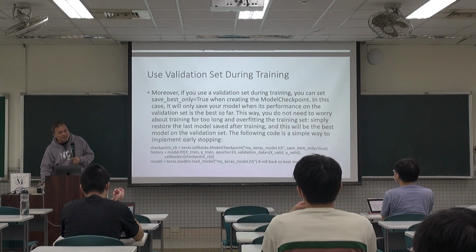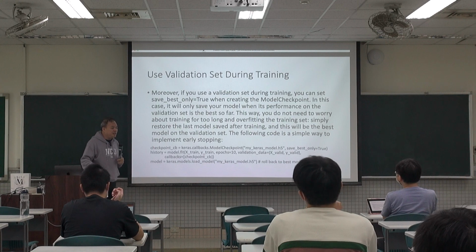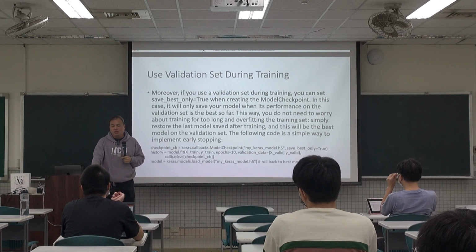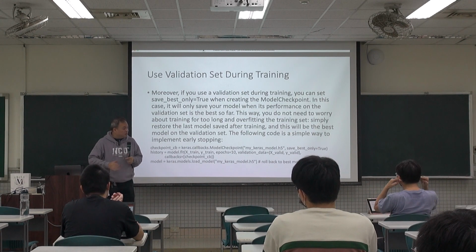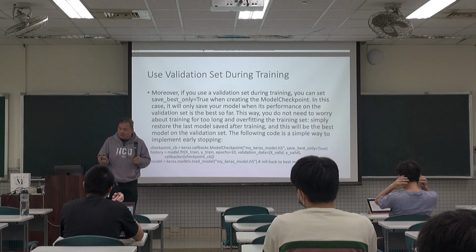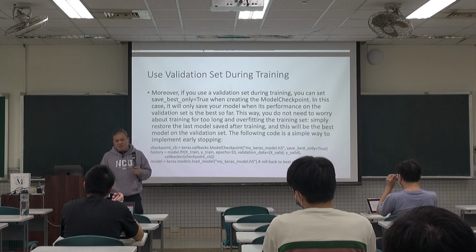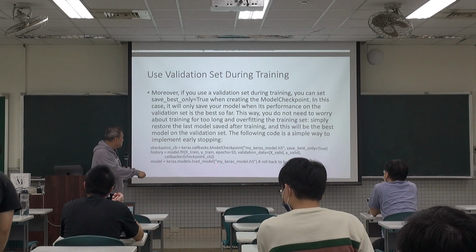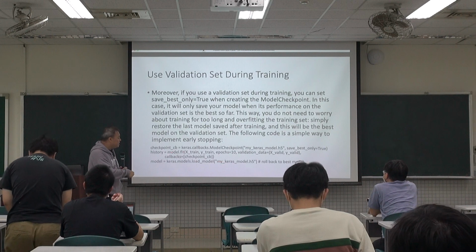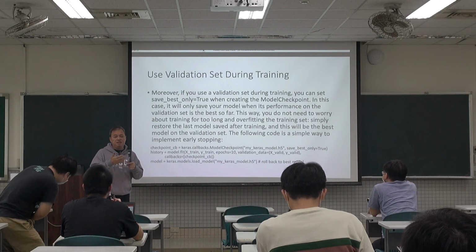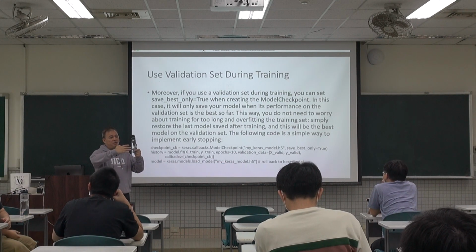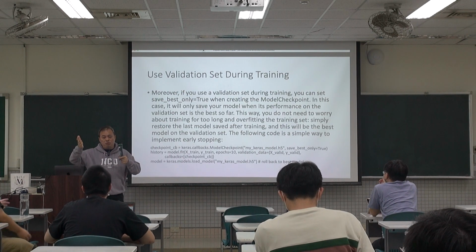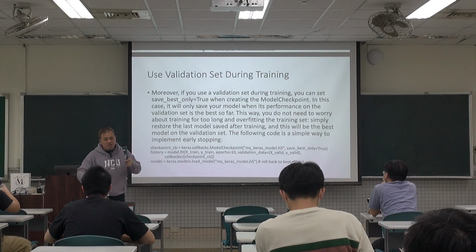So remember the early stopping idea that I talked about in the last chapter? This is somewhat similar to that, but the only difference is that it doesn't stop. In early stopping, for example, when the validation result gets worse and worse, you are going to stop the training.